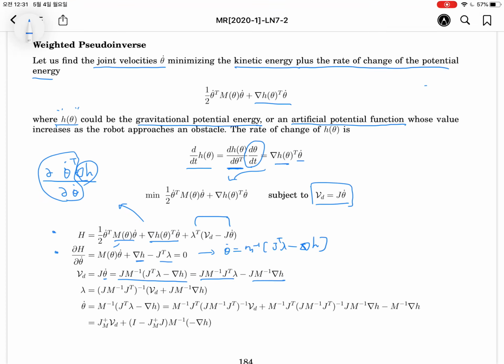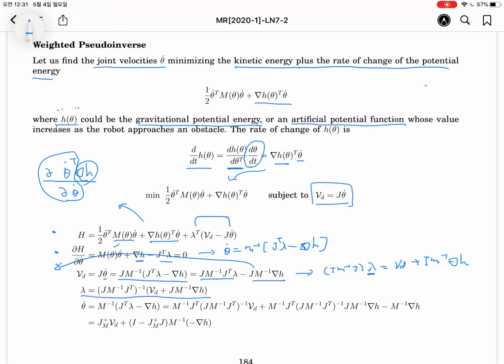Actually we have two terms, this one and this one. So in here we can obtain lambda. J M inverse J transpose lambda is equal to twist plus J M inverse gradient H. By moving to here, and then taking an inverse, we have the lambda like this.